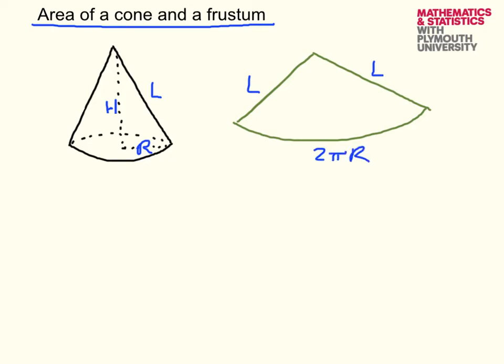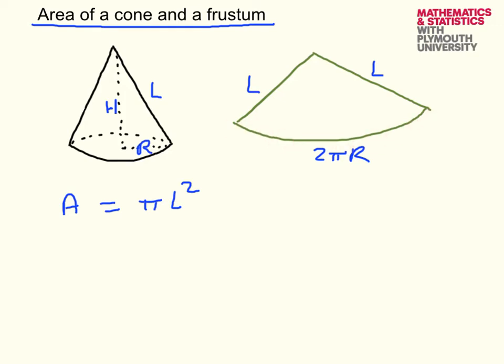So we see that if R and L were the same, we would have a complete circle, but generally they're not. This is not going to be a full circle. So what is the area of a circle of radius L? The area of a circle of radius capital L is pi L squared, but this is of a full circle of radius L, and at the moment we have only got part of it.